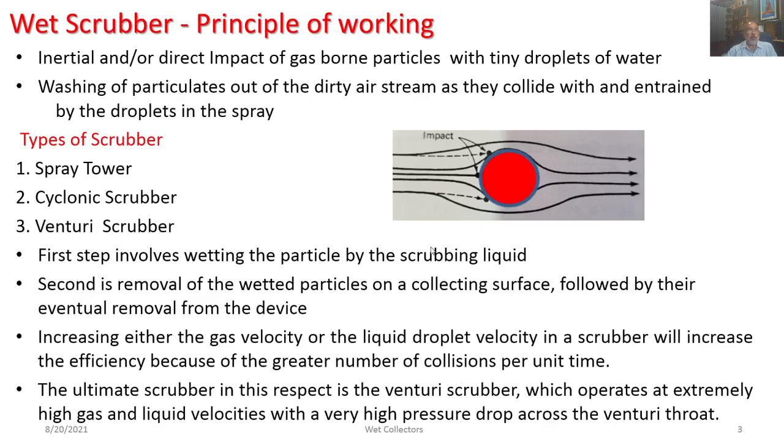As we get introduced to wet scrubbers, essentially there is a need for inertial or direct impact of these gas-borne particles with tiny droplets of water, so that the operation facilitates the washing of the particulates out of the dirty air stream as they collide with the droplets and are entered in the flow of those droplets towards the outlets.